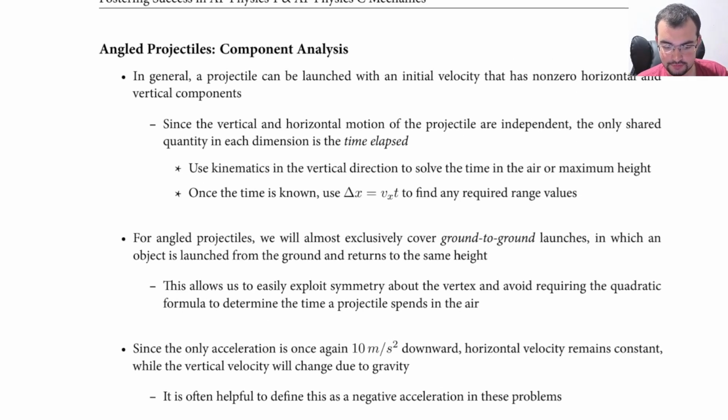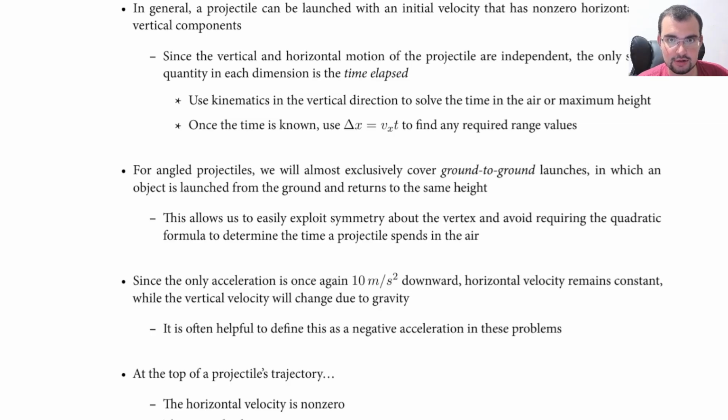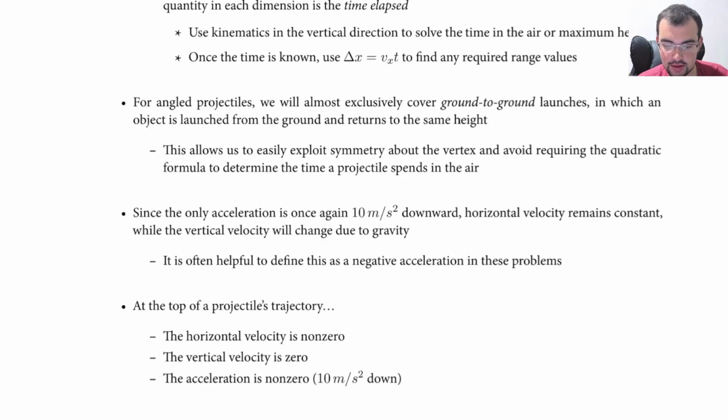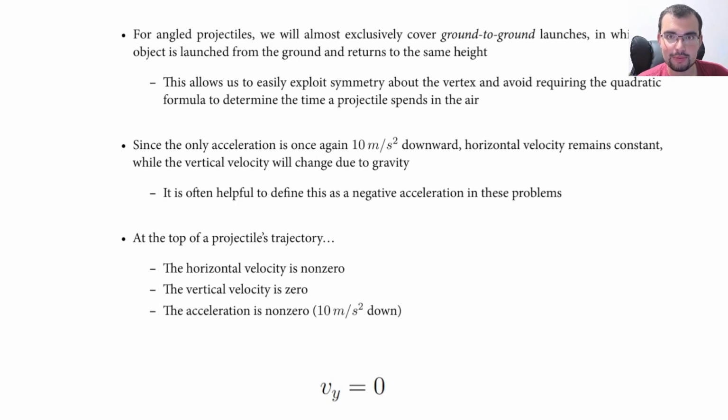So once again, the acceleration is just g down, so it only affects the vertical motion. And since we are launching up in this case, this is the one time where I like to make g a negative quantity, because we're moving up and then down, so it just helps manage everything.